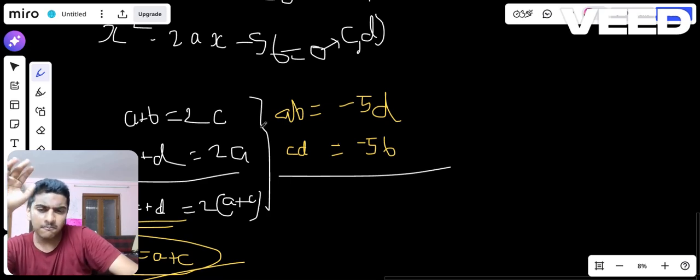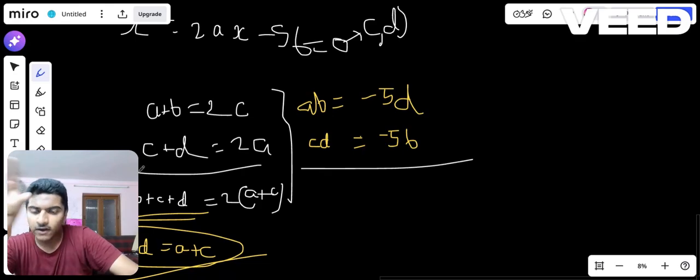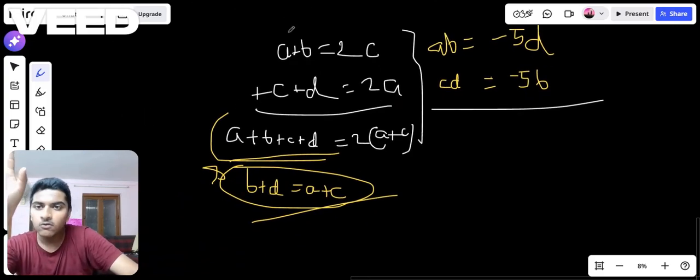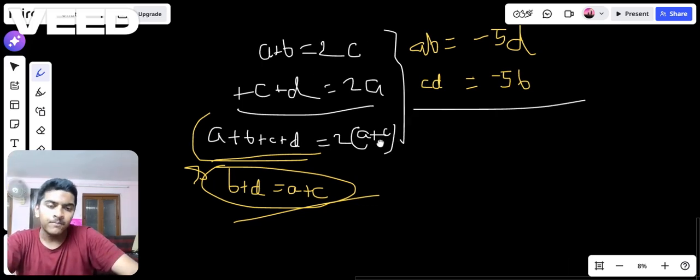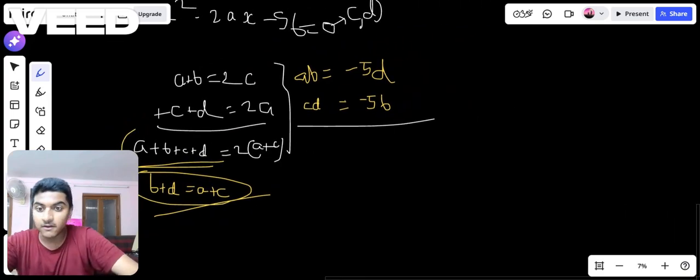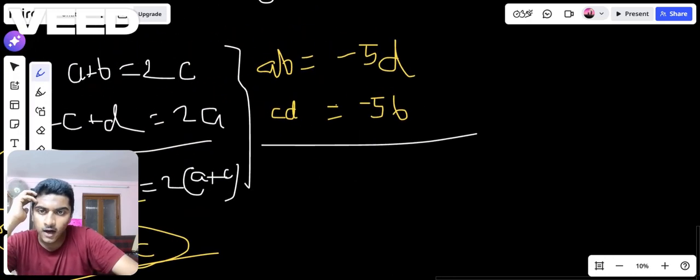Previously, you were asked to find the value of a plus b plus c plus d, and you added them up, and you got to this result because one extra a plus c term cancelled out, and you got your result that b plus d is equal to a plus c. Similarly, keeping that case in mind, it can act like a memory. So what you can do here is maybe try to multiply them.